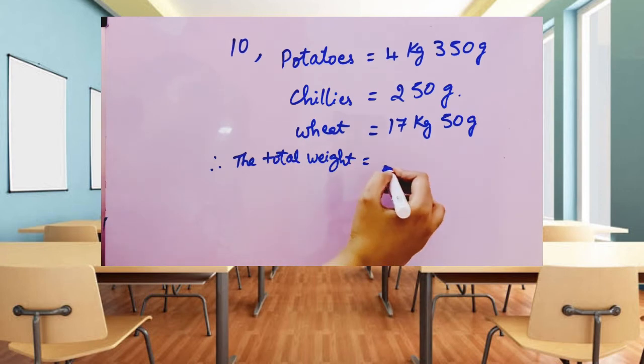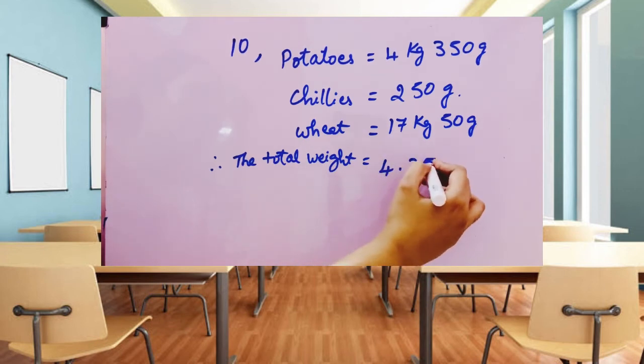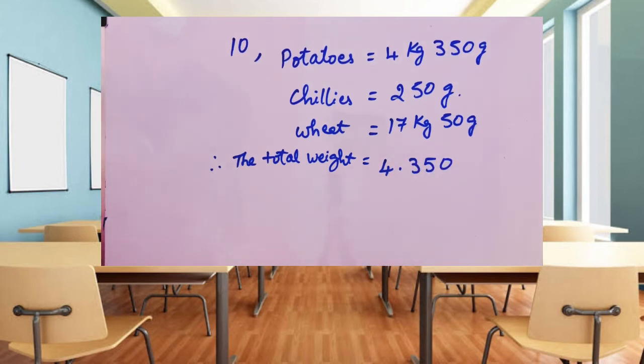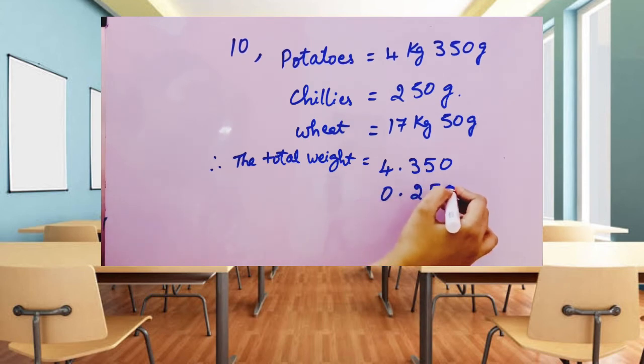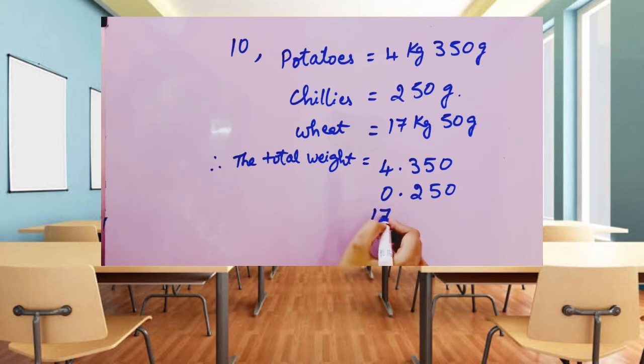So 4 kg and 350 gram of potato can be written as 4.350. Chilies can be written as 0.250 and wheat can be written as 17.050. So we need to write 50 gram as 0.050.